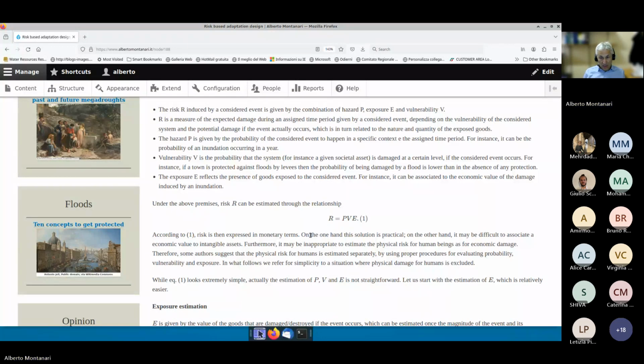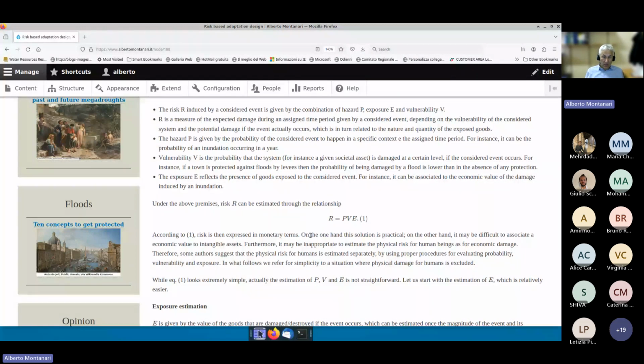And exposure has the unit of the damage that we are considering. So exposure can be measured in monetary terms, as I said, or in loss of lives, if you are interested in this kind of damage, whatever. It's measured in the units of the damage that we are considering.